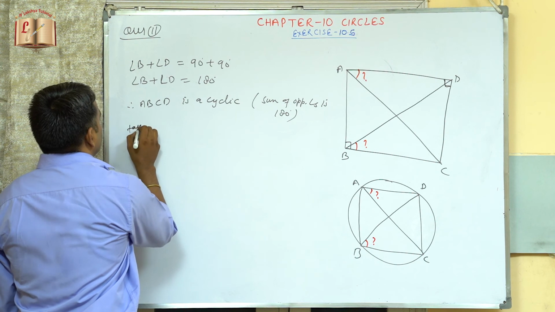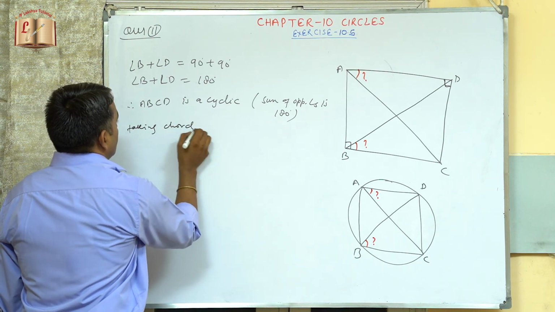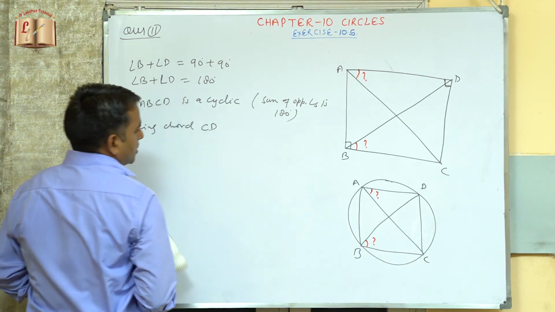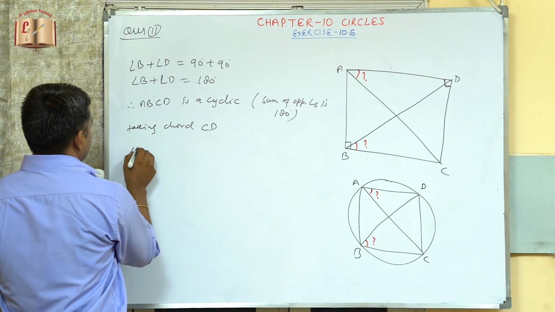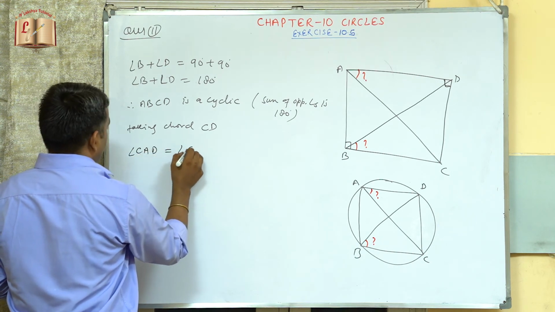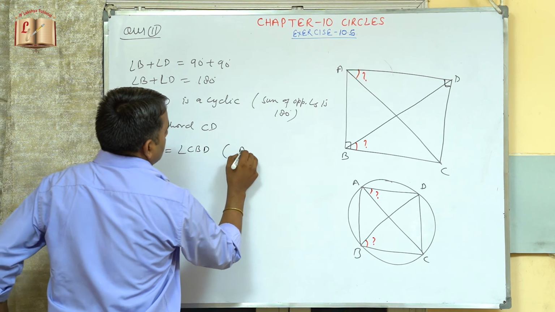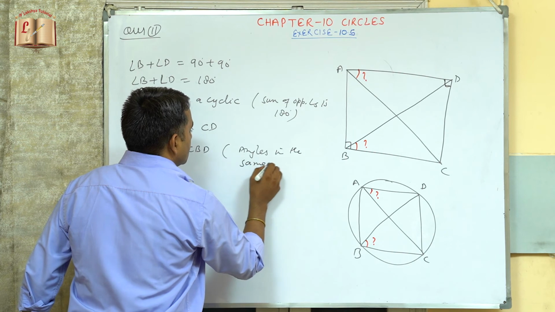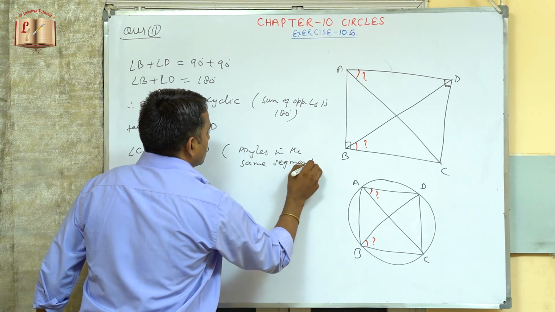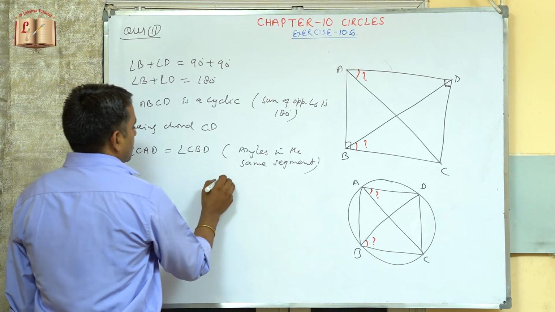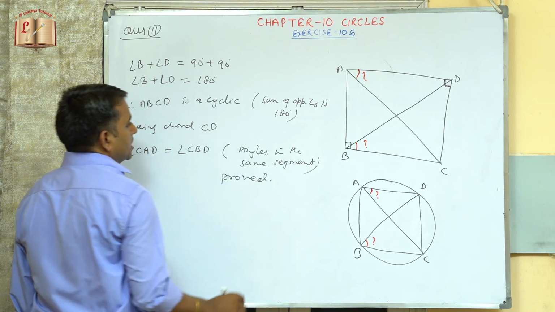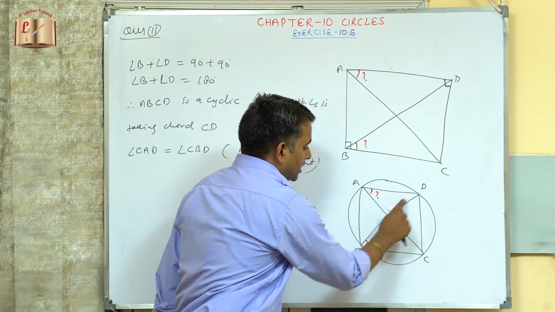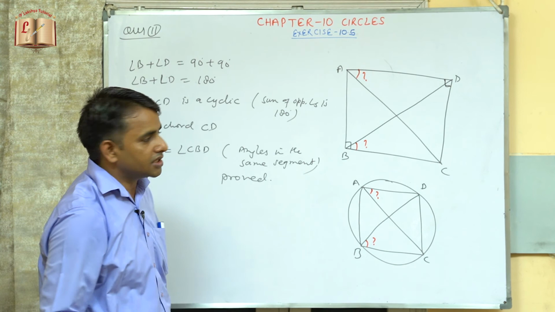So taking chord CD, angle CAD will be equal to angle CBD because these are angles in the same segment. Taking CD, this angle and this angle are angles in the same segment. Proved.